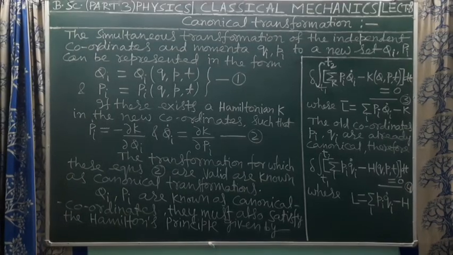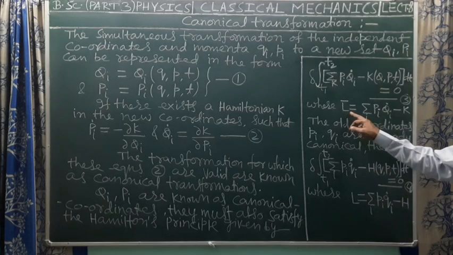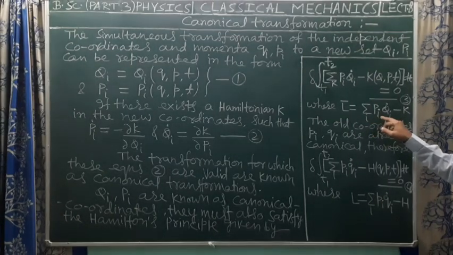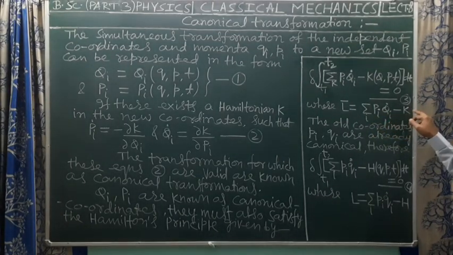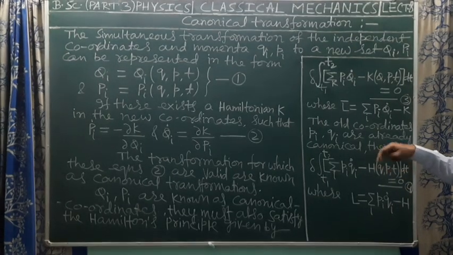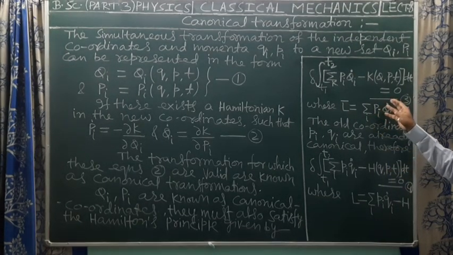So using that formula, in the new coordinate system the Lagrangian can be represented by L bar equals sigma over i Pi Qi dot minus capital K, and it is the Lagrangian in the new coordinate system.